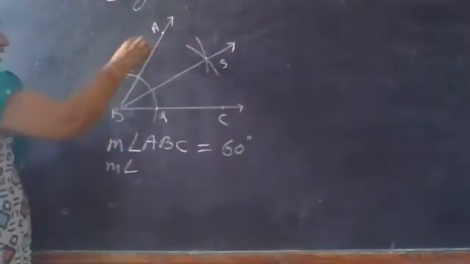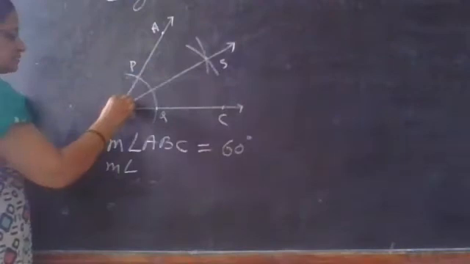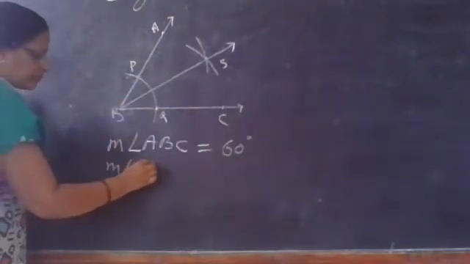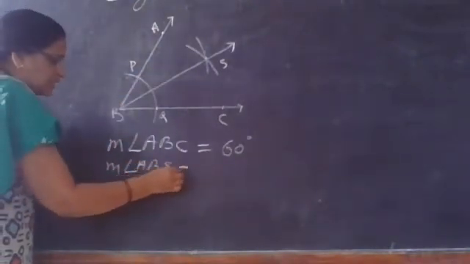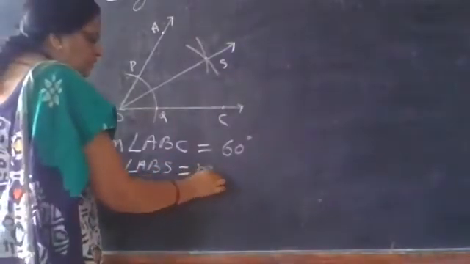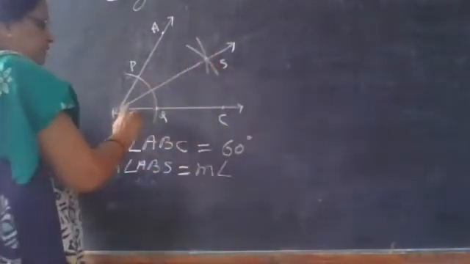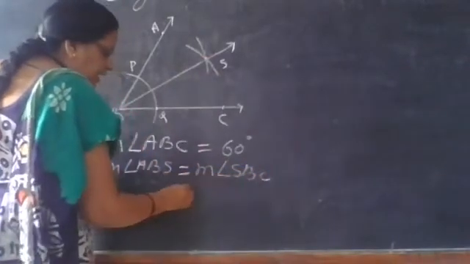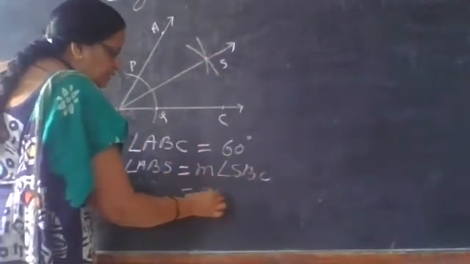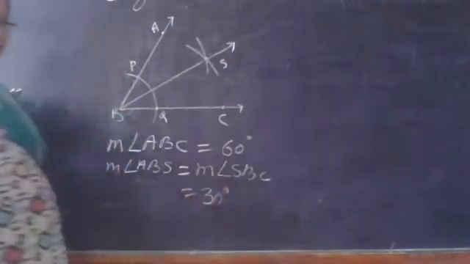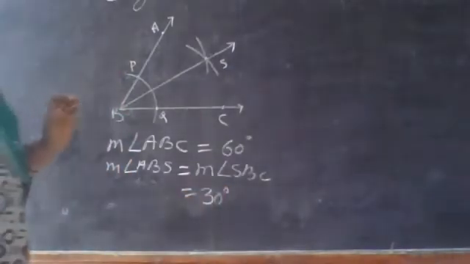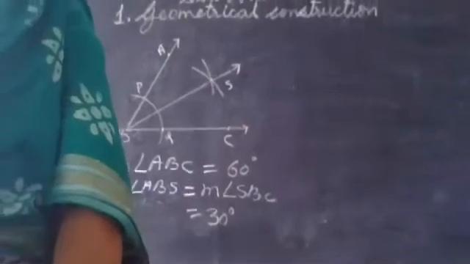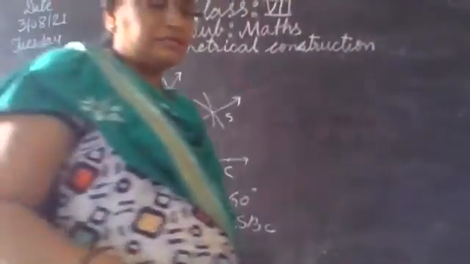Measure of angle ABS is equal to measure of angle SBC, and the measure is 30 degree. So in this way, you can bisect the angle.